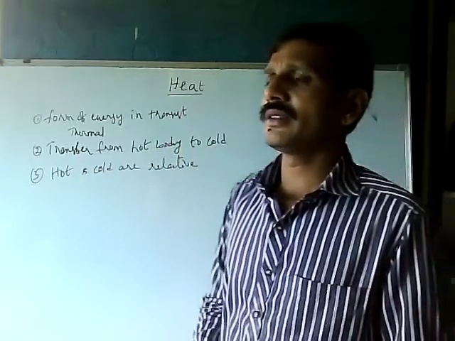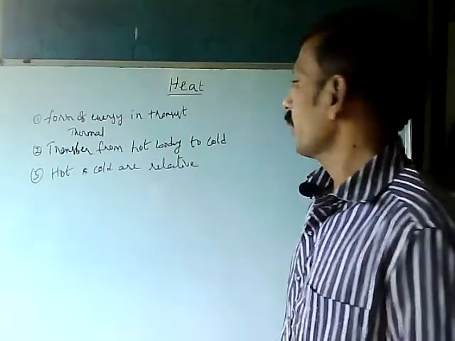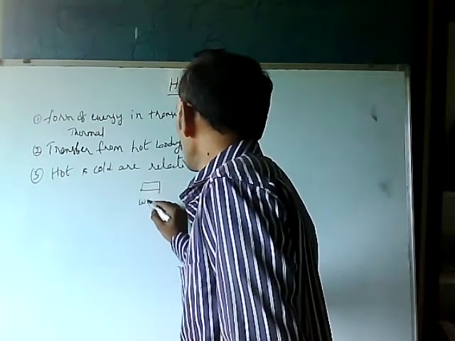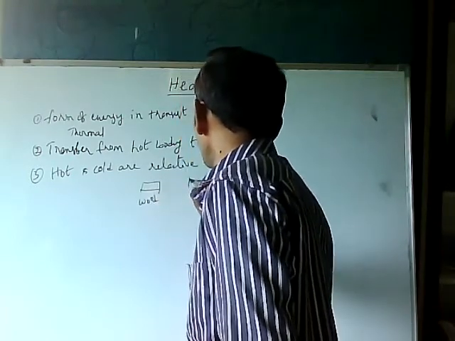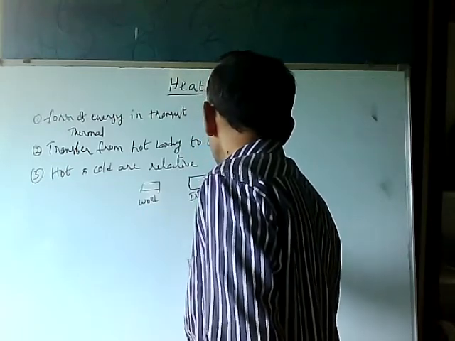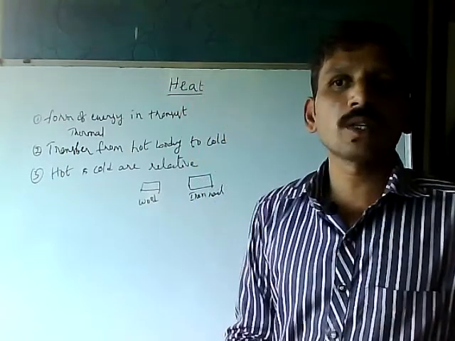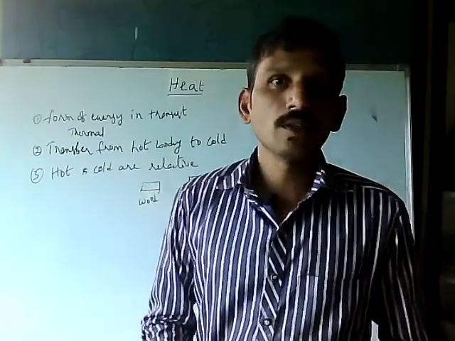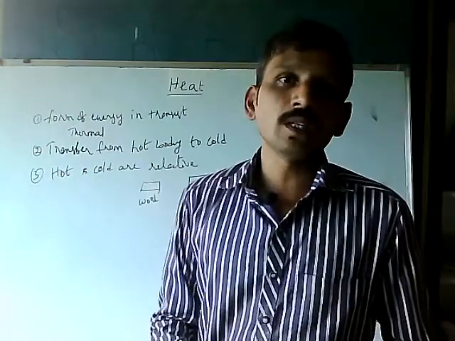Let us take an example, an activity. We are taking a wood piece and an iron nail. Both of them have the same mass and same size. Both of them are kept in the fridge for 15 minutes.